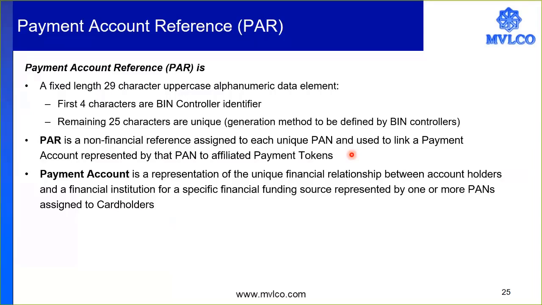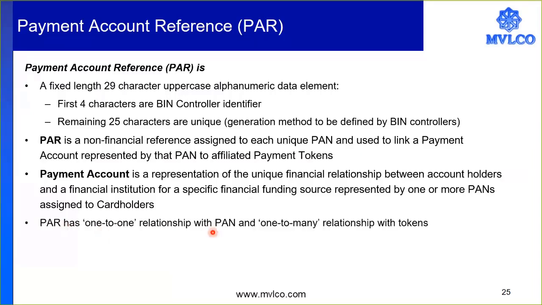So as I said, this PAR will have a one-to-one relationship with PAN and a one-to-many relationship with tokens. Now one more thing to be noted here. Let's say a card gets expired and a replacement card is issued. The replacement card may have a different primary account number. Correct? As far as PAR is concerned, in that case the PAR would still remain the same for the replaced PAN.